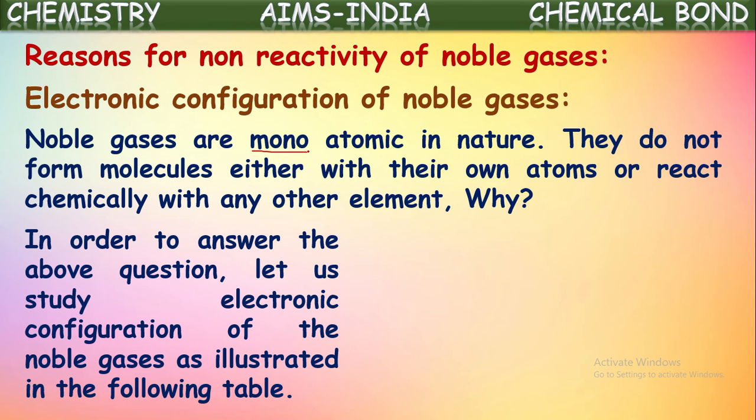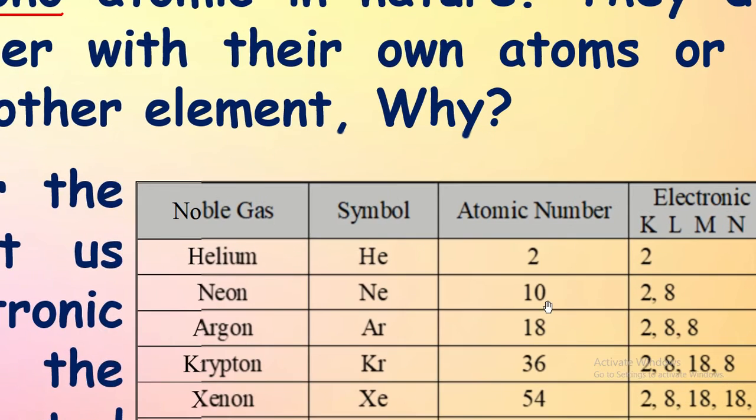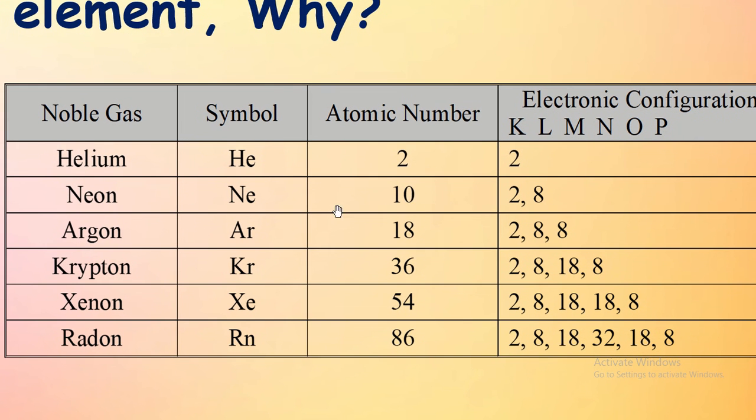In order to answer the above question, let us study the electronic configuration of the noble gases as illustrated here in the table. See here, the electronic configurations of noble gases are mentioned. If you observe, helium's electronic configuration is 2 because its atomic number is 2. For the remaining elements, neon is 2, 8, argon 2, 8, 8, krypton.